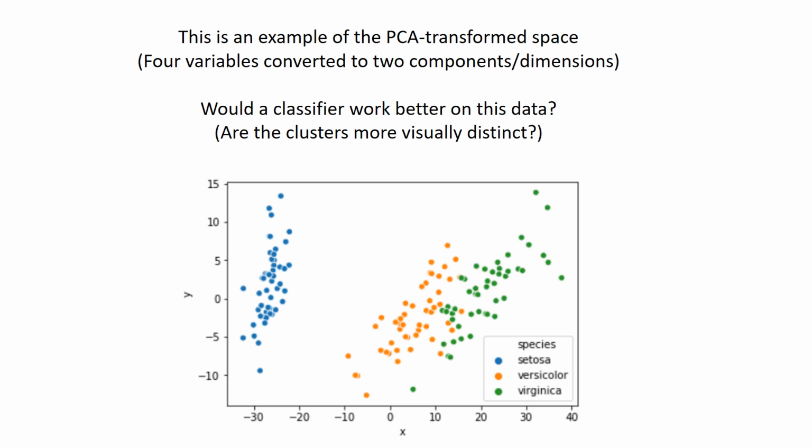So that's what PCA lets us do. It lets us combine these things into a smaller set of variables. Once we do that, we can then feed those results into a classifier like we've seen. And the question is, as a human, you could ask yourself, are these clusters more visually distinct than what we looked at before? Sometimes they will be, and sometimes they won't be.